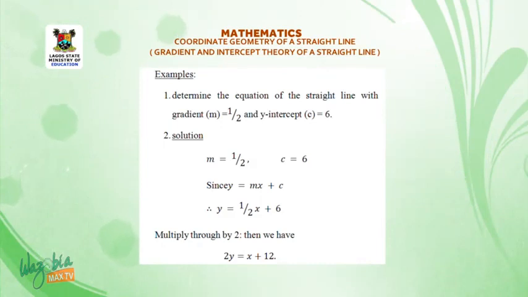Since y is equal to mx plus 6, therefore y is equal to half x plus 6. Multiply through by 2. Then we have 2y is equal to x plus 12.